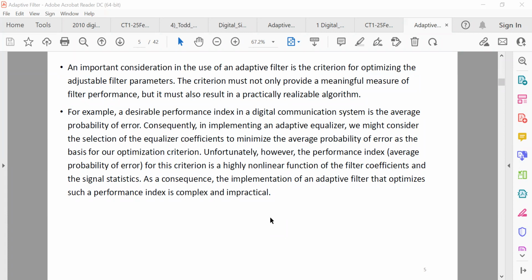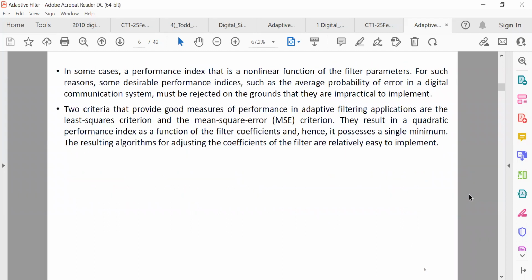But this may not always be practical, because it is a highly nonlinear function of the filter coefficients and signal statistics. So at times it is desirable, but while implementing the algorithm, this may not be practical. It's complex and impractical.